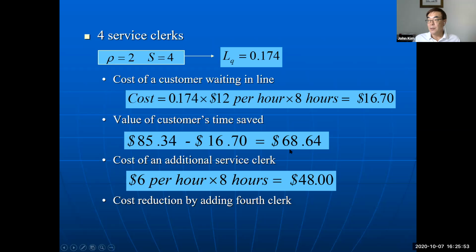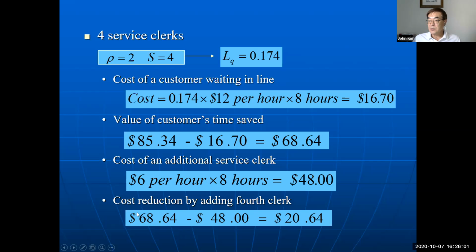So we save this much, but pay this much. So this is the cost saved, and then the cost. So save this much minus cost this much equals 20.64.